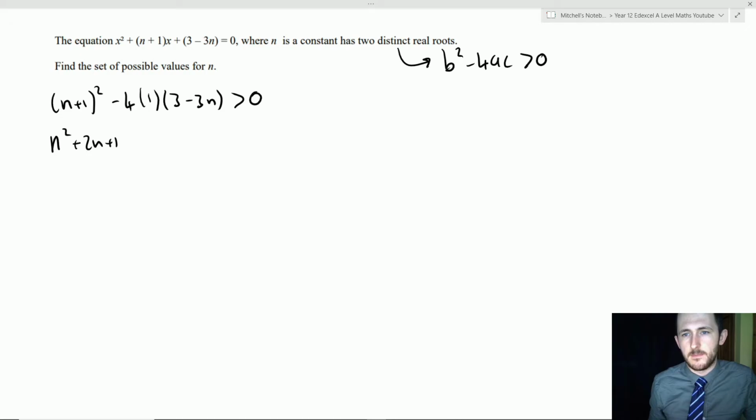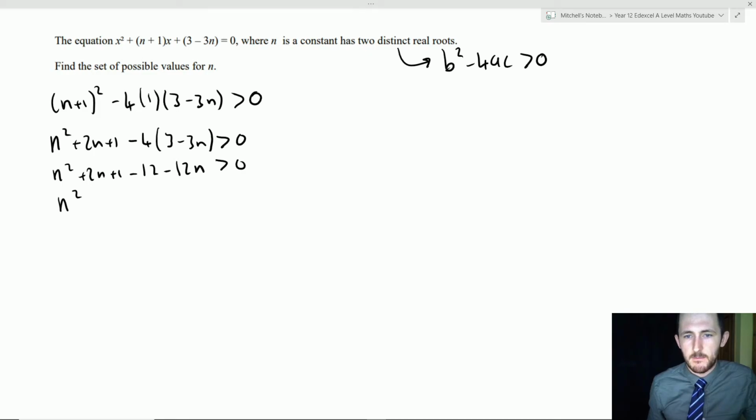And minus 4 times 1 does nothing, so 3 minus 3n. So we have n squared plus 2n plus 1 minus 12 plus 12n, greater than 0. So we have n squared plus 14n minus 11 greater than 0.